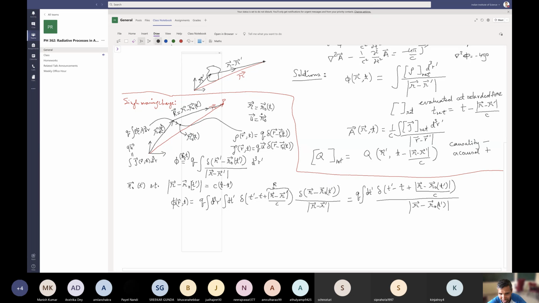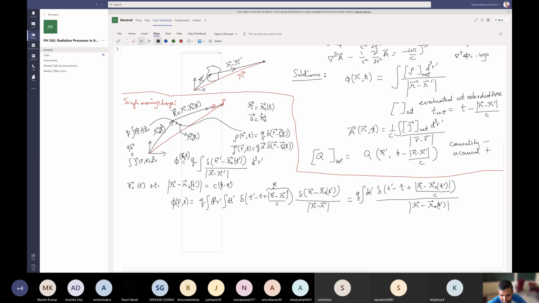When you do an integral over a delta function like this, you just evaluate the integrand at the value where the delta function vanishes. So that's what makes this r prime r naught t prime, and that's what makes this r prime r naught t prime.